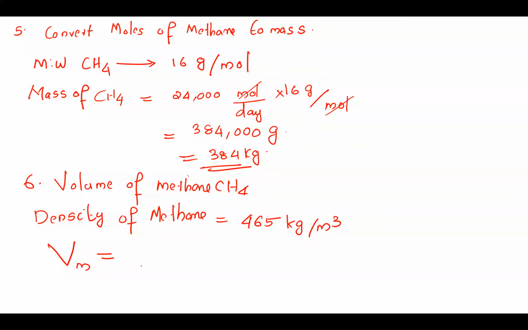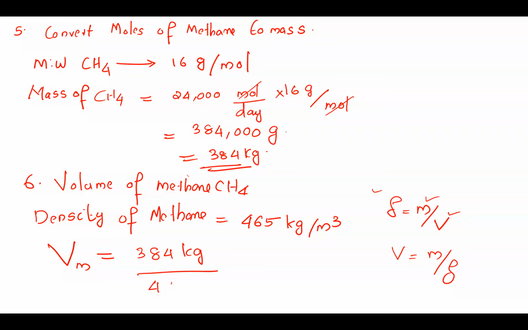You know density is equal to mass by volume, right? We have the density and the mass, so volume is equal to mass by density. So mass is 384 kg divided by density 465 kg per meter cube.